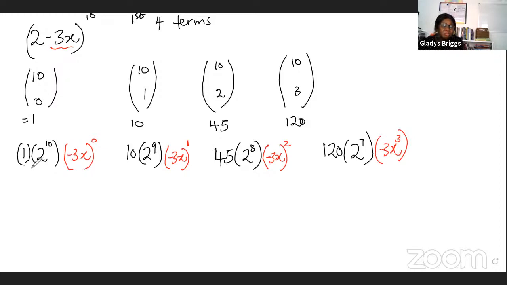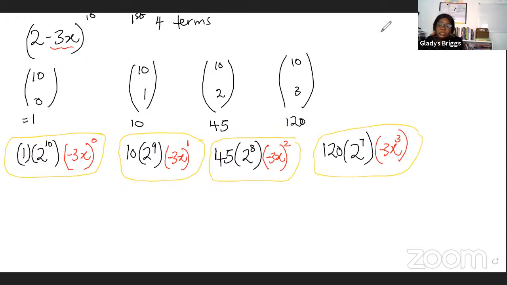Should be easy now. 2 to the power of 10 is 1,024. So these are the things we have to sort out. We have to sort out this one, this one, and this one.